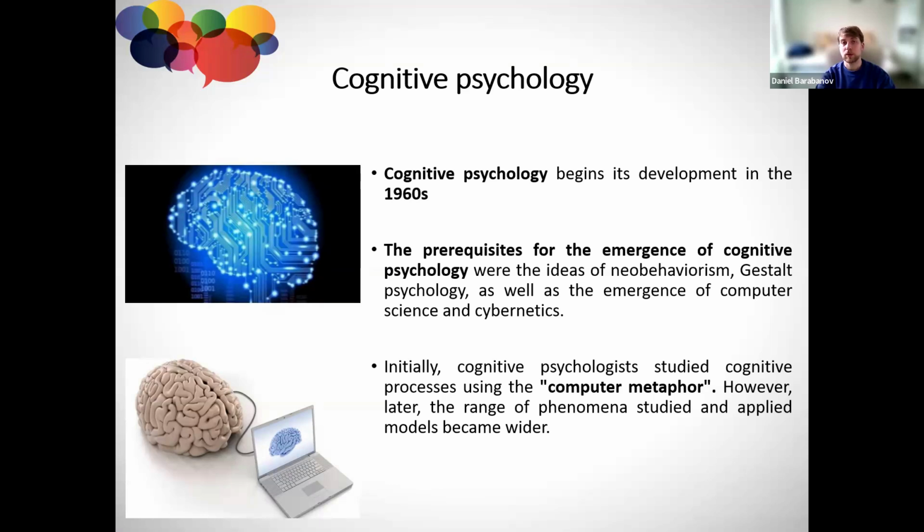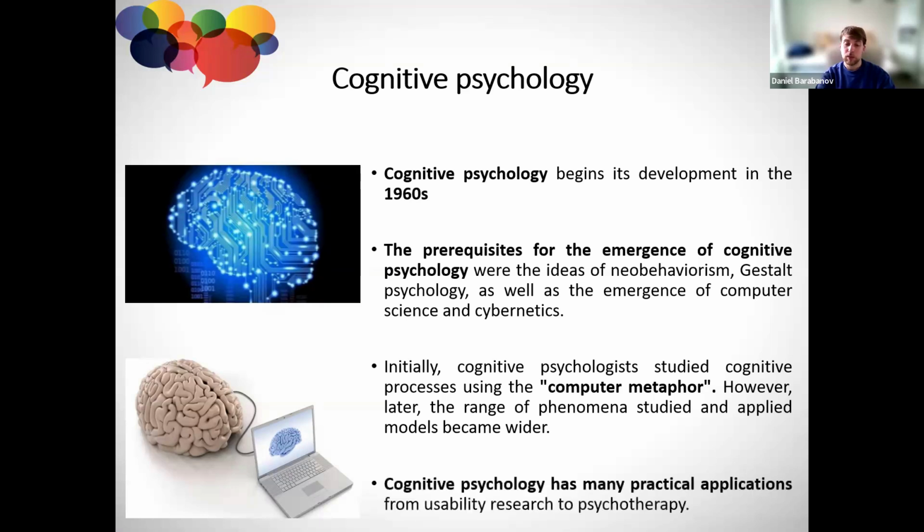Early cognitive psychologists were inspired by this computer metaphor and tried to use it to explain how human cognition works. But eventually, cognitive psychologists started to think more broadly and to research not only cognitive processes, but emotions, personality, and all other phenomena in psychology.